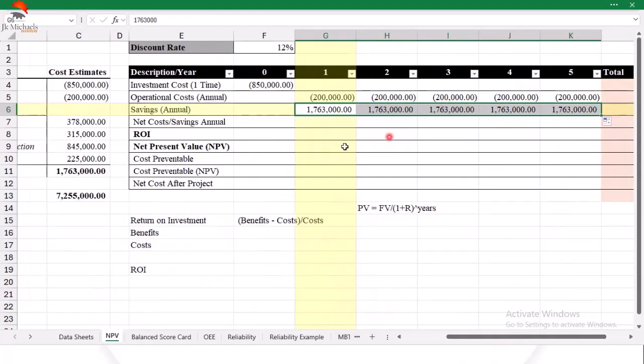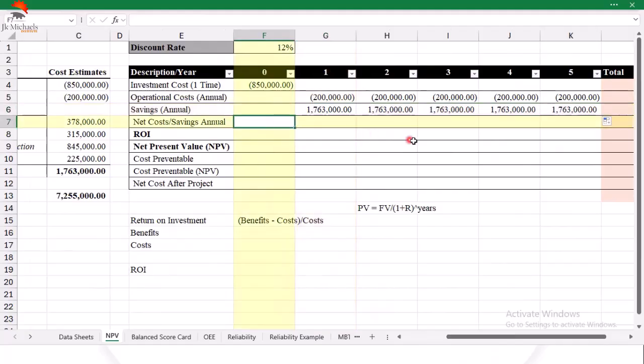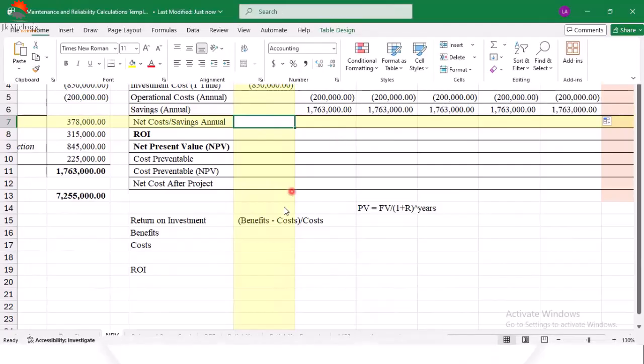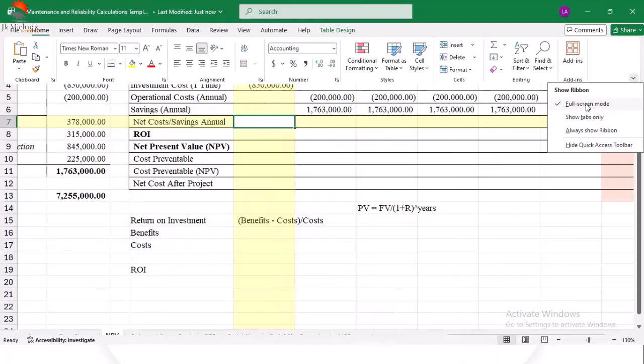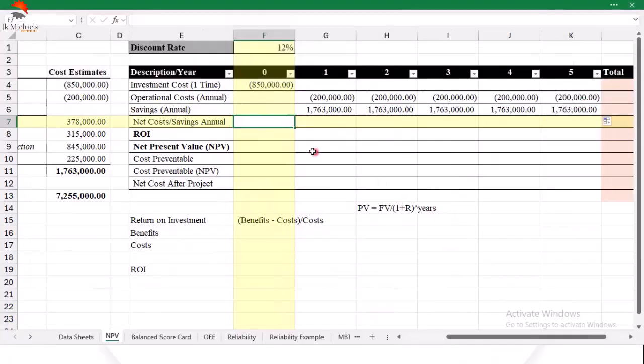the next thing we'll be expected to calculate will be our net cost or our net savings, right? Now, of course, in the first year, our net cost will be 850,000 US dollars. Let me make sure that I have this full screen mode, right?